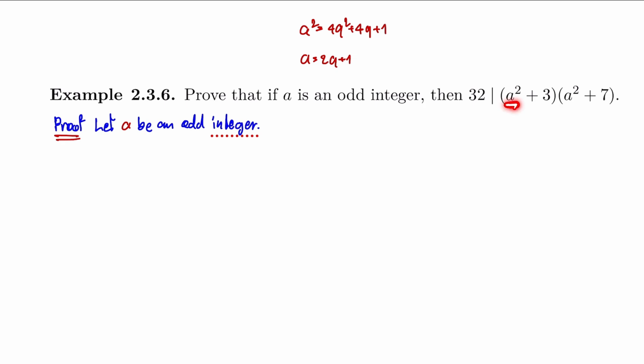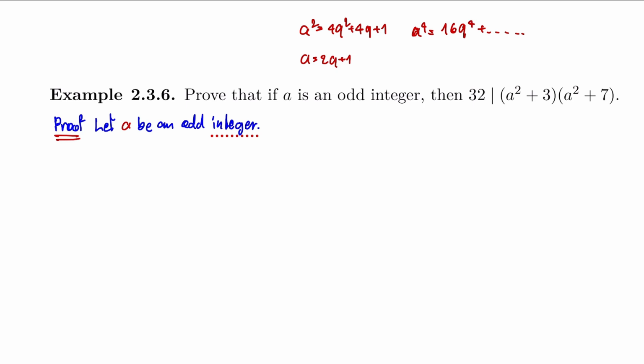And then you have this term, a squared times a squared. So for a squared times a squared, which is a to the fourth, the front term becomes 16q to the fourth.